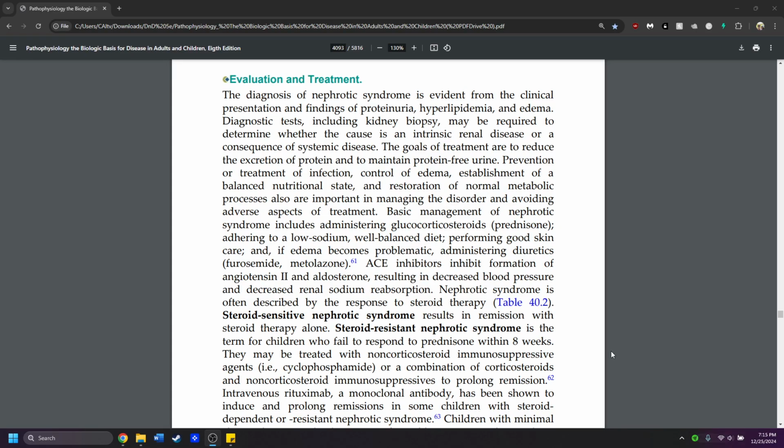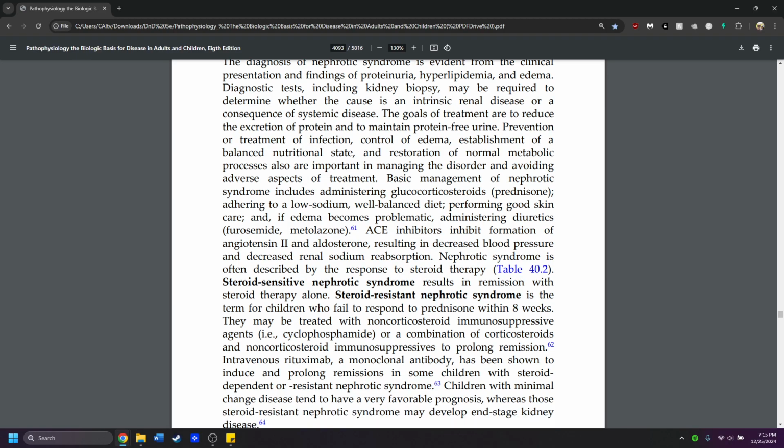The goals of treatment are to reduce the excretion of protein and to maintain protein-free urine. Prevention or treatment of infection, control of edema, establishment of a balanced nutritional state, and restoration of normal metabolic processes also are important in managing the disorder and avoiding adverse aspects of the treatment.